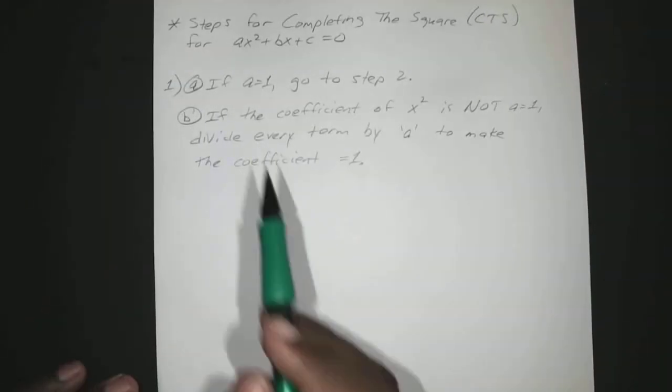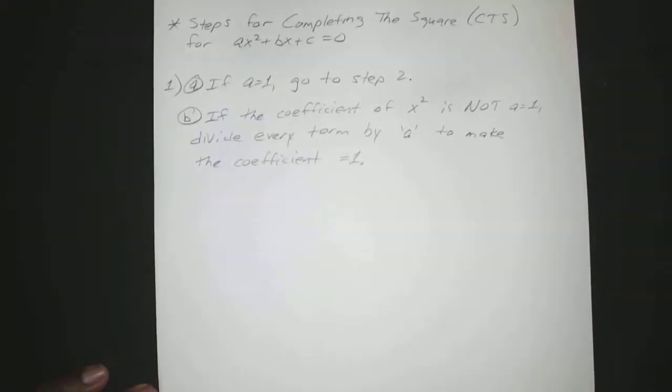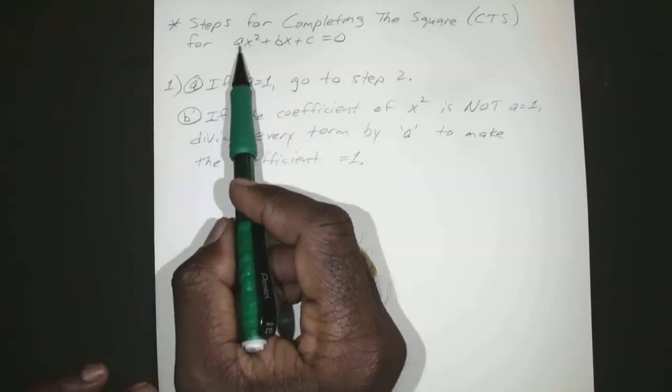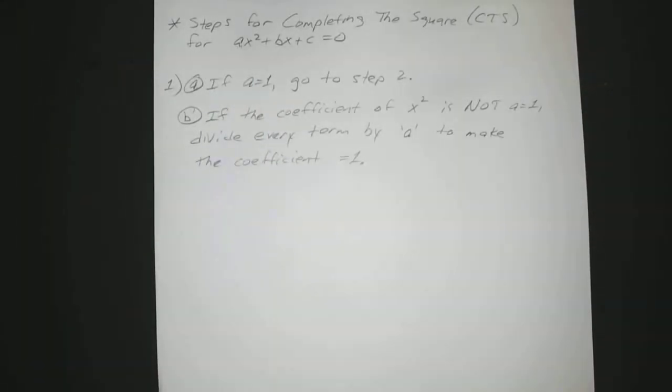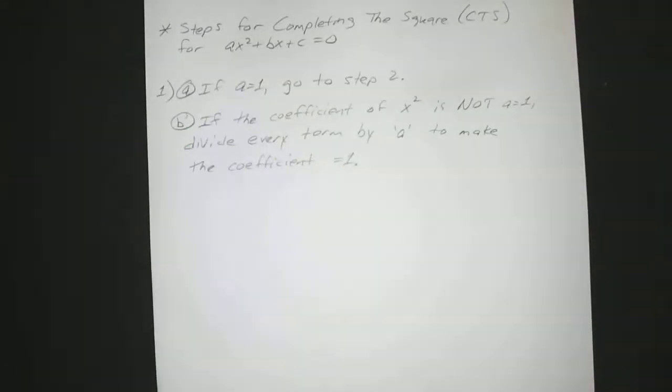Oh, I meant divide, I said factor. Okay, so if you had 7x squared here, you divide everything by 7. If you had 12x squared, you divide everything by 12. Whatever it is to get that x squared by itself.